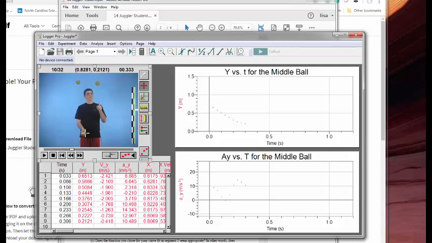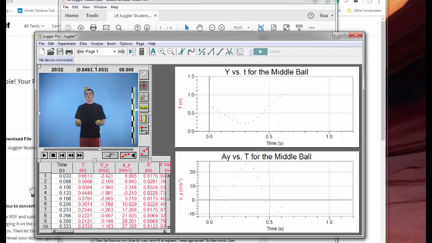Remember that when the hand is touching the ball, it is not in free fall. But when the ball leaves the hand, which happens at about the 15th frame, and notice that the frames are listed at the upper left hand corner of the video, now the ball is only being pulled down by gravity, so that means its acceleration should be negative 9.8 meters per second squared.